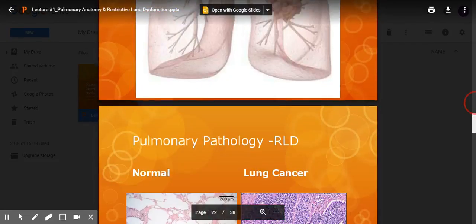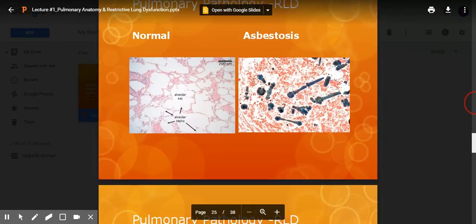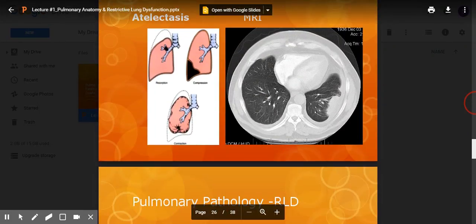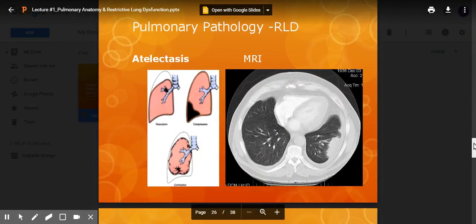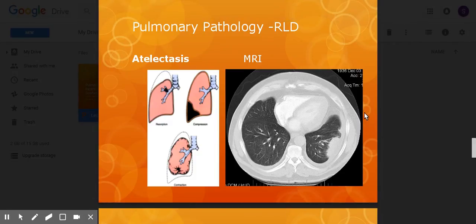We have a slide a little bit further down in the presentation here, an MRI cross-section of lung tissue demonstrating a loss of lung volume as a result of atelectasis.